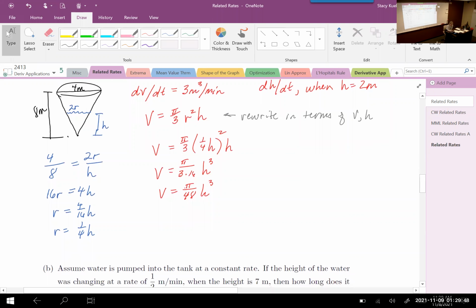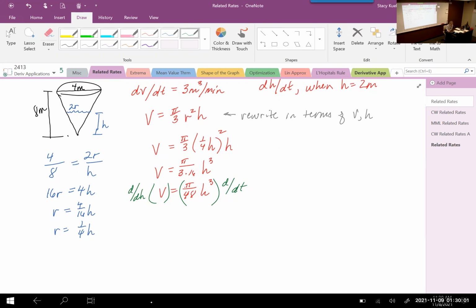Now I want to take the derivative with respect to time. So on the left, I get dV/dt.